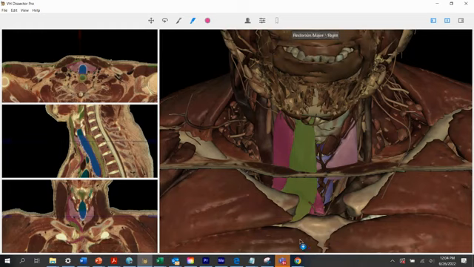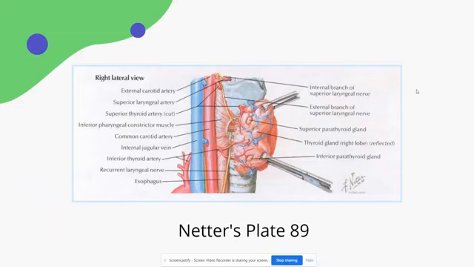Now let's talk about the arteries that supply the thyroid. For that, we're going to look back at Netter's. The thyroid is going to be supplied by a couple different arteries. It's going to be the superior thyroid artery, which you see here, it's been cut, but that's the superior thyroid artery.